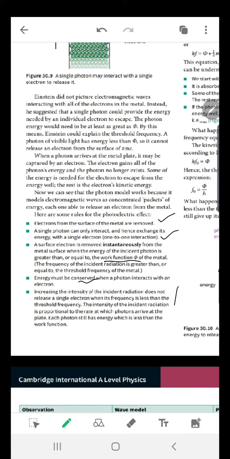So don't confuse between the intensity and the energy, because energy is dependent on the frequency. You need a minimum amount of frequency to give that electron the energy to escape. Very important point, students, very important points.